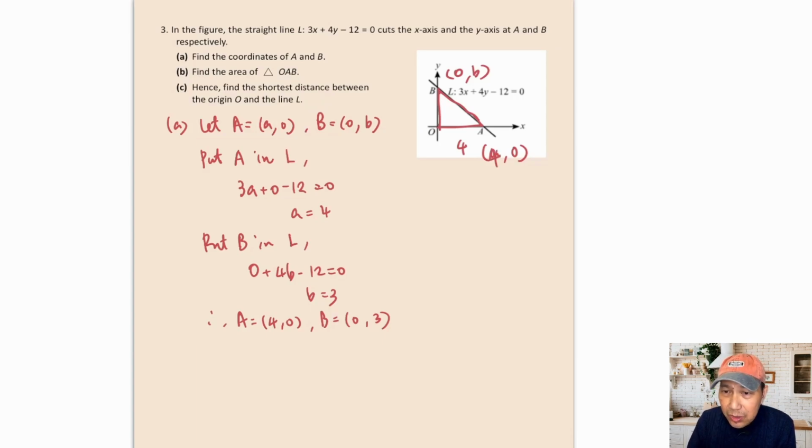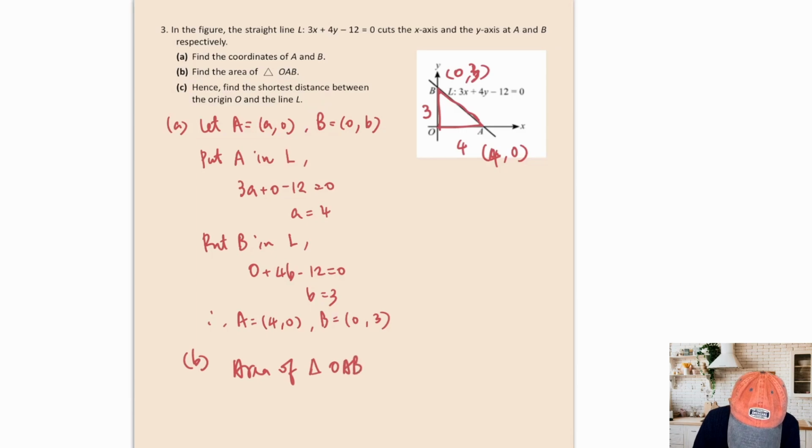Okay, so the base is 4. Similarly, the height is 3. In part B, the area of triangle OAB is equal to base times height divided by 2. So it is 6 square units.